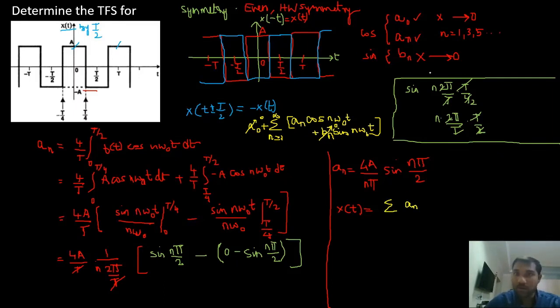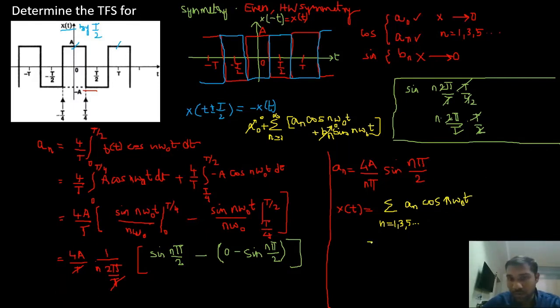That also, we are only left with odd harmonics, n equals 1, 3, 5 and so on, not even harmonics. a n cos n omega naught t.